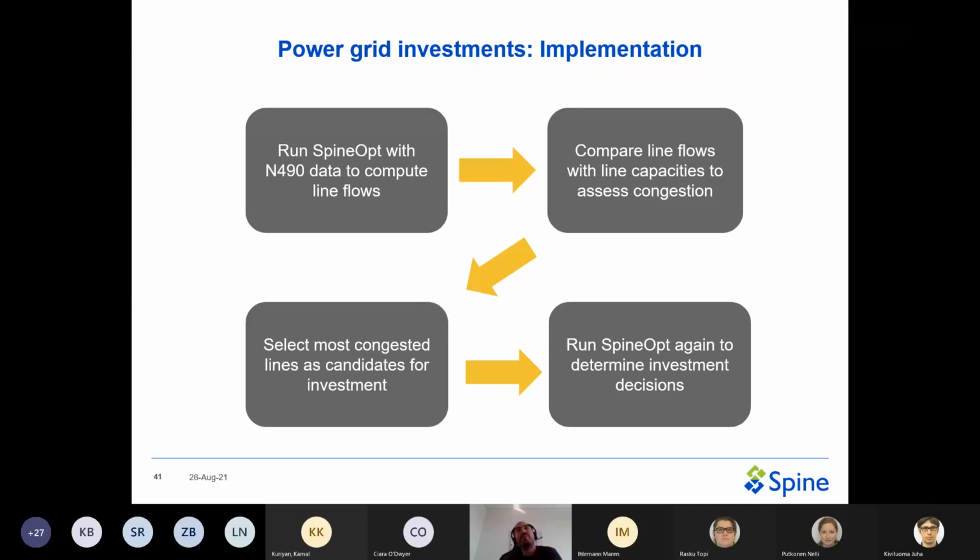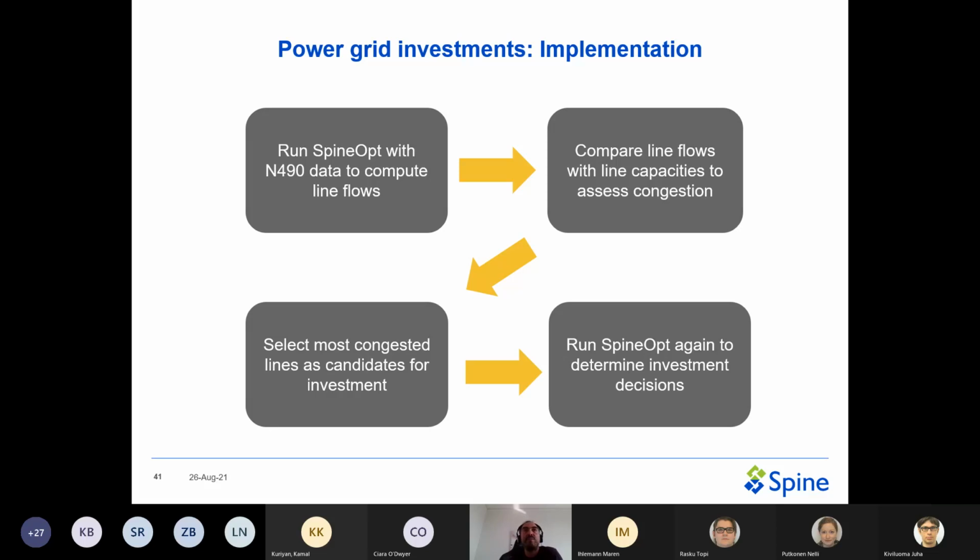So we will compare the flows that we obtain from SpineOpt with the capacities, and we will determine a measure of how congested the line is. And then in the third step, we rank these lines per congestion index, and we select the most congested ones as investment candidates.